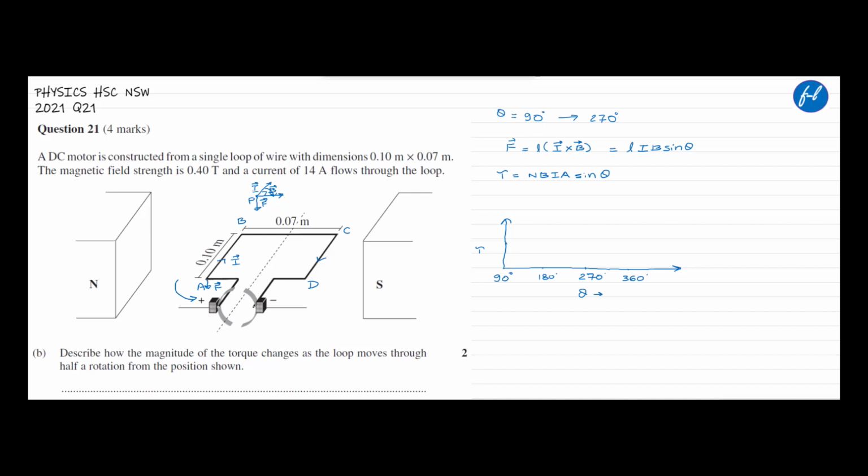At theta equal to 90, sine theta becomes 1, and therefore torque will be equal to torque maximum, whose value is the one we already calculated as part A. So at theta equal to 90 degrees, that is the starting position, it will start rotating anti-clockwise with maximum torque produced, and it will follow the sine curve.